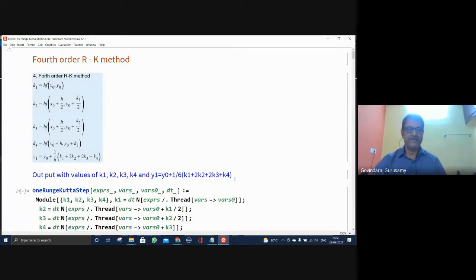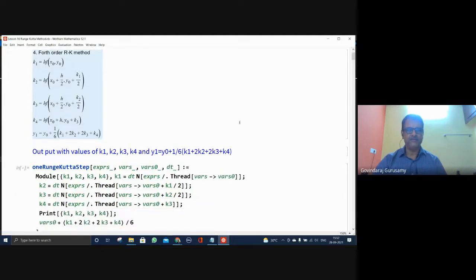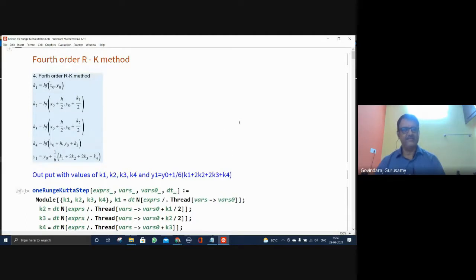This is the formula, right? Fourth order RK. You can see here K1, K2, K3, K4 are connected with the H parameter with the function x0, y0, and then the H parameter goes to the next level to find K2, which is changed by x0 plus H by 2, y0 plus K1 by 2.